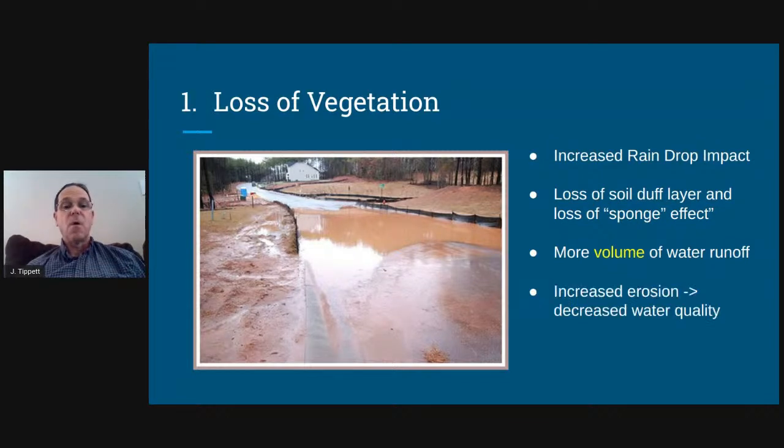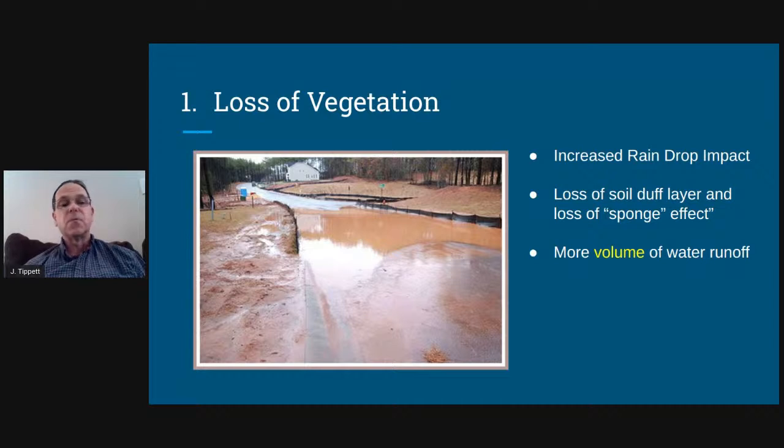So more water runs off. That's why in urban areas, developed areas, when you drive over a little bridge, you see that the streams fill up with water really fast after a rainfall event and turn brown really fast. That's why, because the ground has lost its ability to recharge, to accept water, because those plants and their root structures aren't there allowing water to go back in.